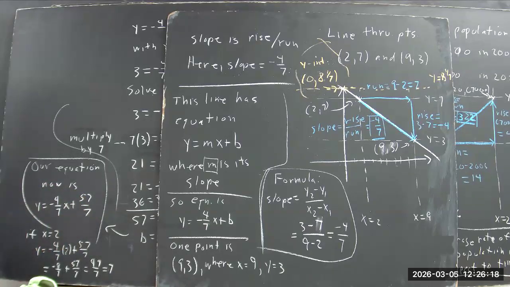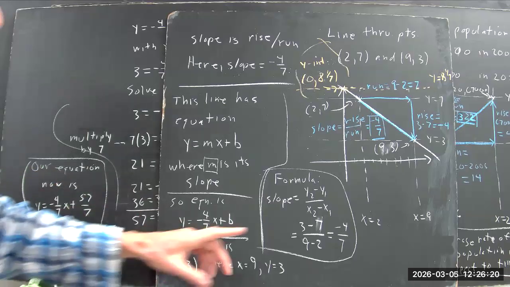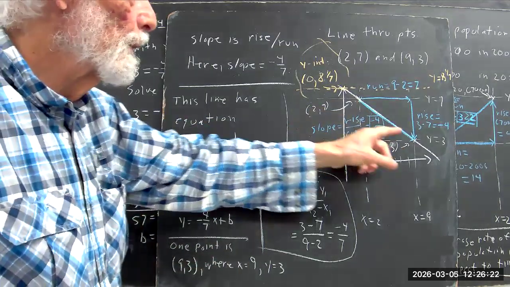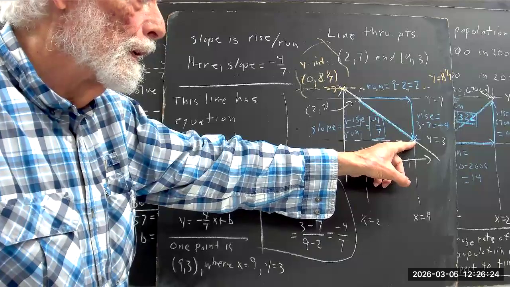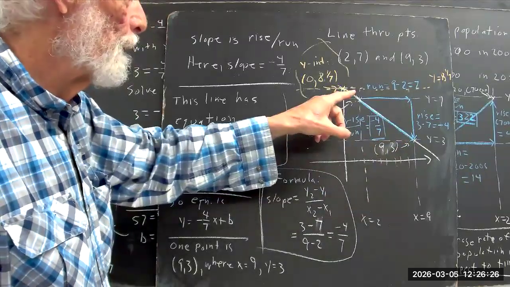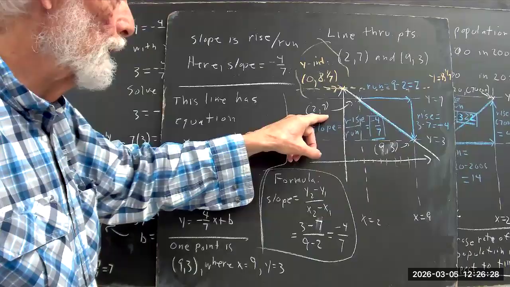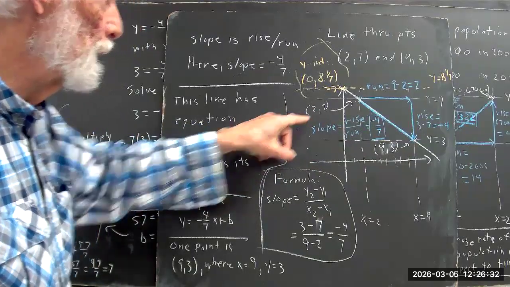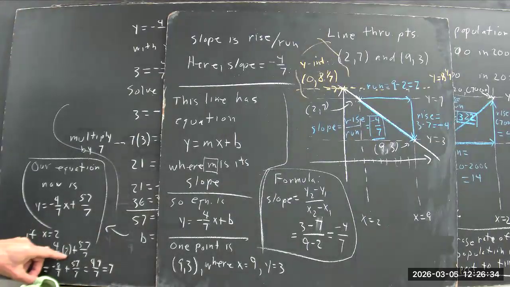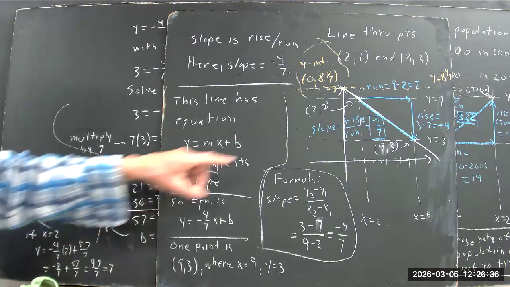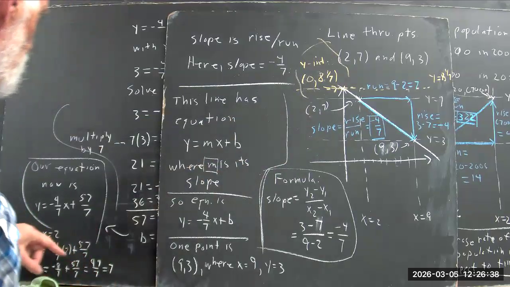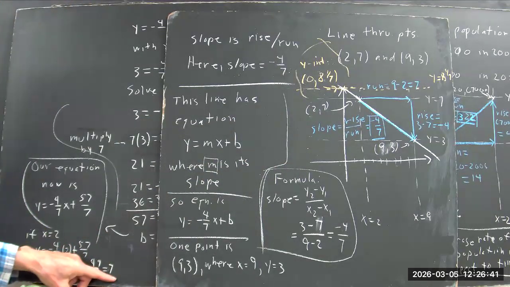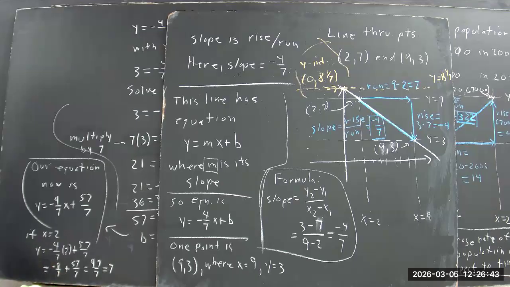There's the equation. We test the equation. There were 2 points. We used this point to find the equation. We're going to use this point to check to see if our equation is correct. We substitute x equals 2 into the equation, which we've done here, and see if we get y equals 7. Well, if you do the arithmetic, you do get y equals 7.